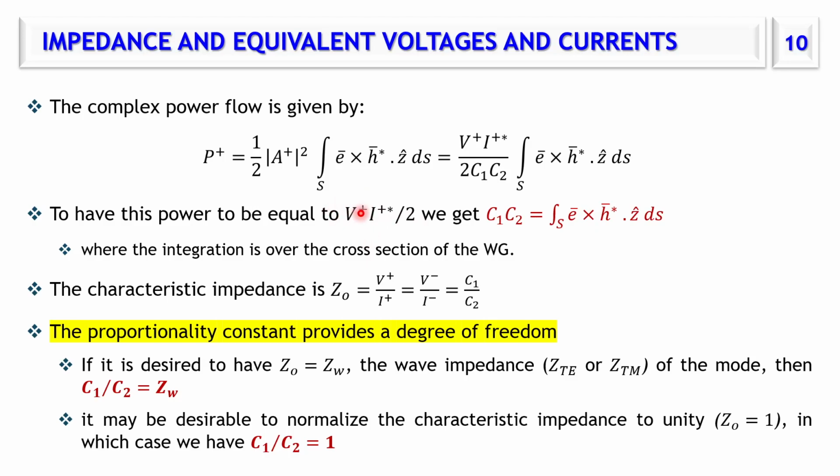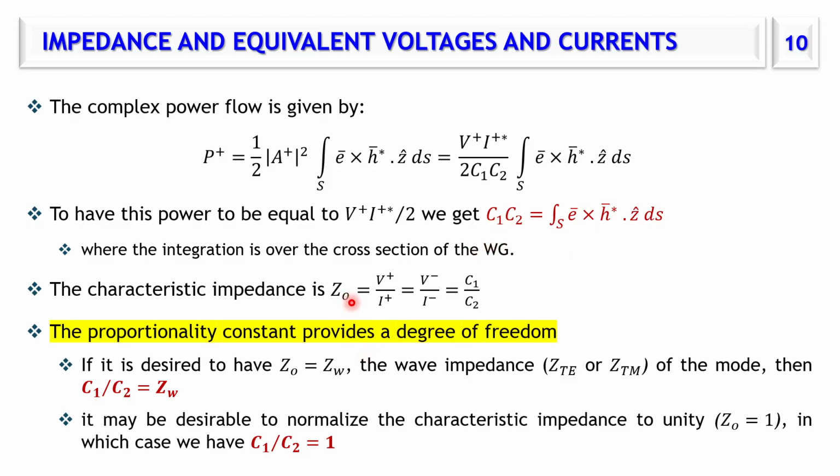So we need V multiplied by I conjugate divided by 2, because it's an alternating current, to equal the average power. So in this case, we need C1 C2 to equal this integration. So this is the second condition.